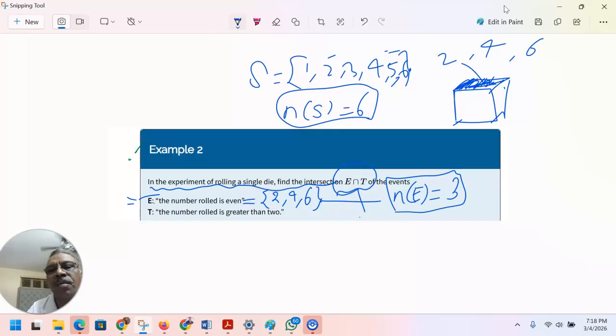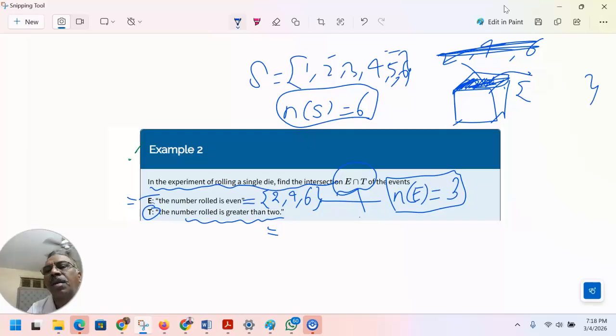The reason I'm showing this will become clear later. There is another event, T: the number rolled is greater than 2. So the options greater than 2 are 3, 4, 5, and 6.